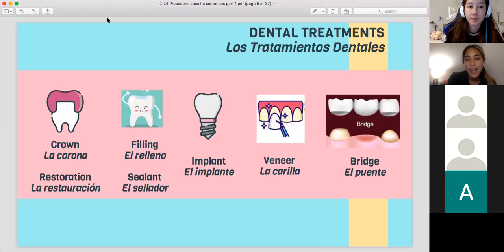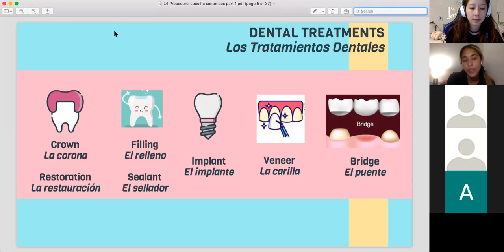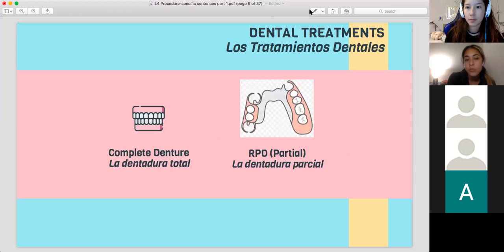Veneer is la carilla or una carilla. Bridge, el puente or un puente. Restoration, you can say la restauración or una restauración. Sealant, el sellador or un sellador.